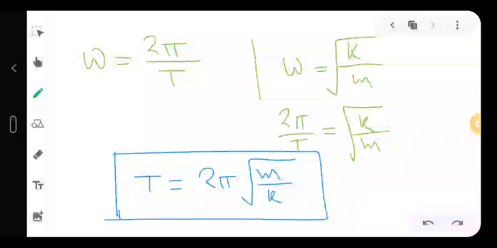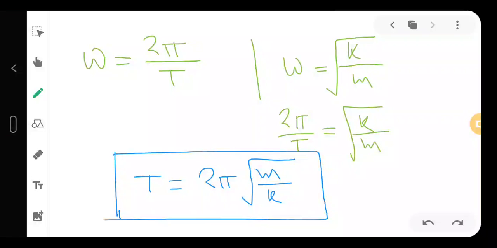That means the object which is moving from the equilibrium point will come back very responsively to the equilibrium by the restoring force. The restoring force is trying to bring that object as fast as possible, because the force is higher, the acceleration will be higher in that case. So that means the time period will be less.